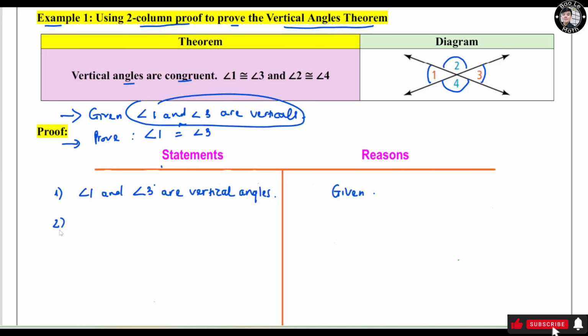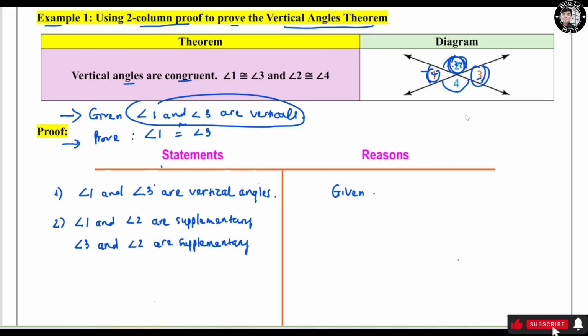Now, number 2. We have angle 1 and angle 2 supplementary, and angle 2 and angle 3 supplementary. How do we explain this one? Observe that angle 1 and angle 2 are a linear pair, and angle 2 and angle 3 are a linear pair. So, angles that form a linear pair are supplementary.